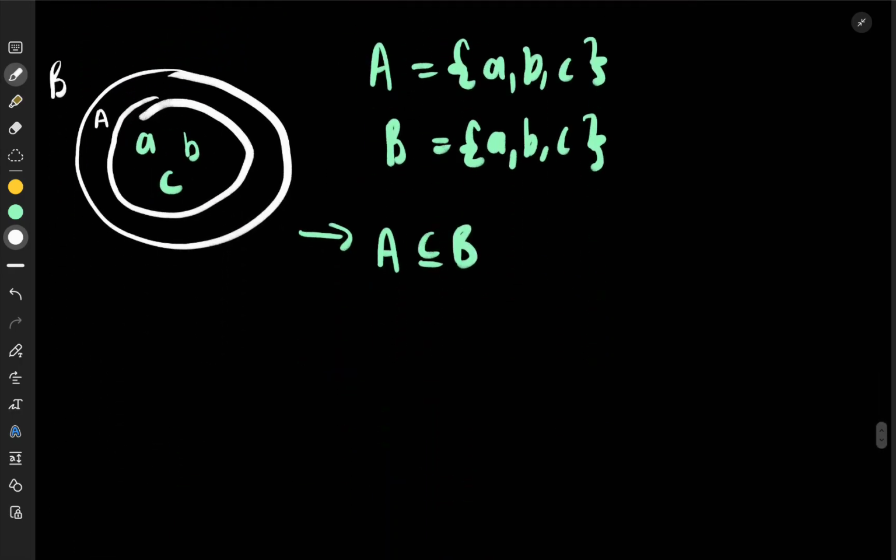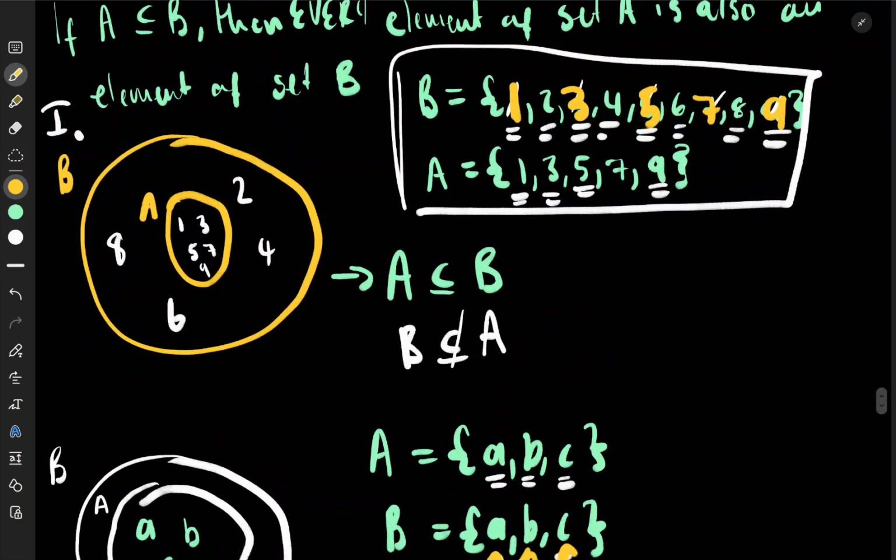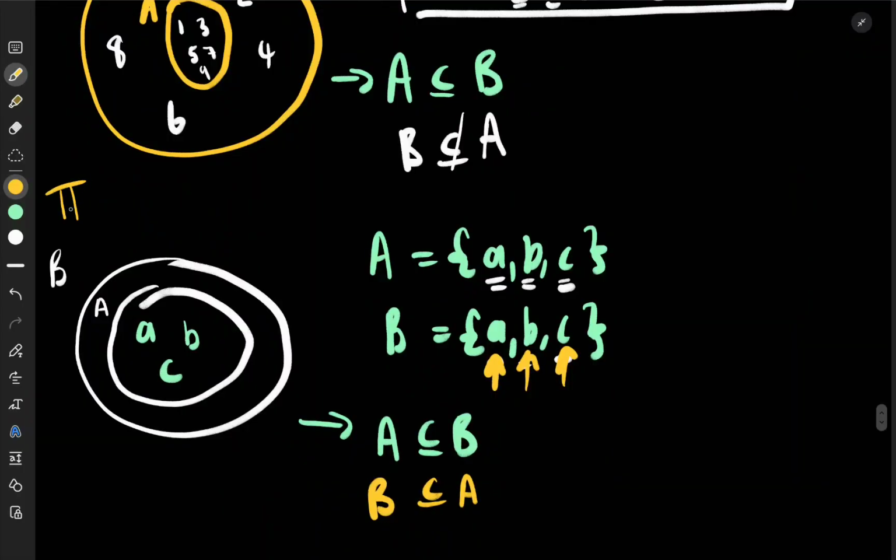So what about the second situation? Yes, A is a subset of B, because if I take A, it is also in B. If I take B, it is also in B. C, it is also in B. So A is a subset of B, because everything in A is also in B. But we can also say that B is a subset of A, because everything in B is also in A. So these are the two situations of subsets.